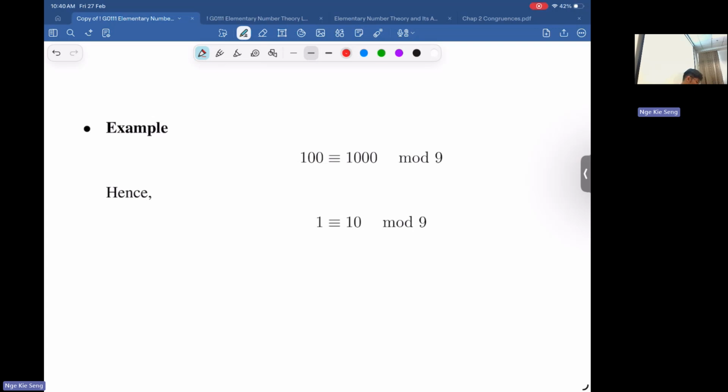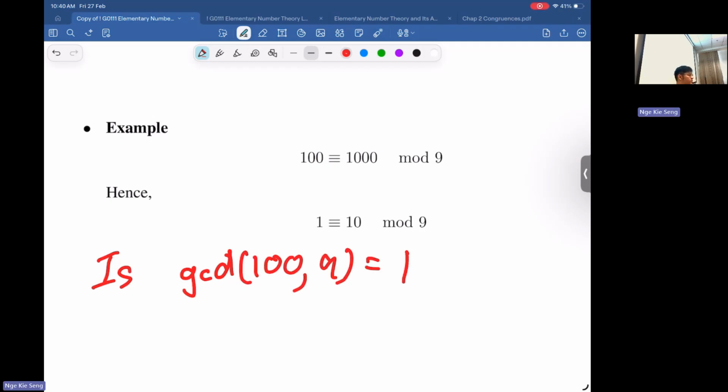So the question is whether the GCD of 100 and 9 equals 1. One quick way to see this is to split 9 into 3 times 3 and 100 into 2 squared times 5 squared. So their common divisor is 1.